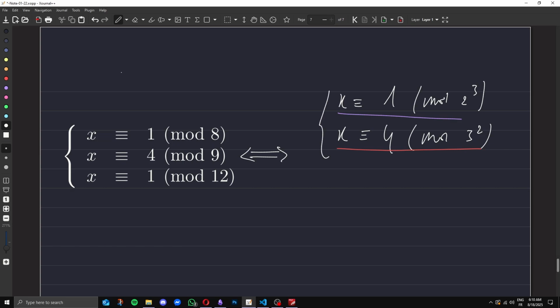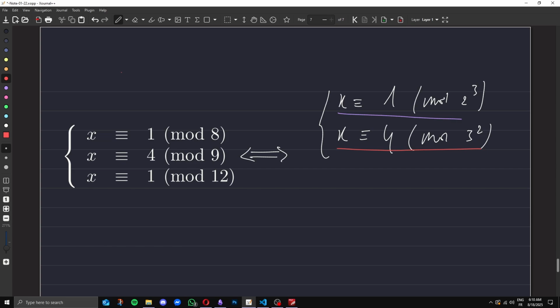After making sure there are no contradictions, you can notice that the moduli are actually pairwise coprime now, like our new moduli, because they're all the highest prime powers of distinct primes. So of course they are pairwise coprime, right?